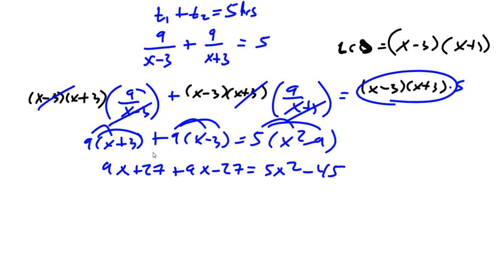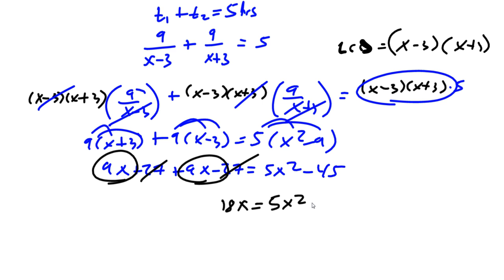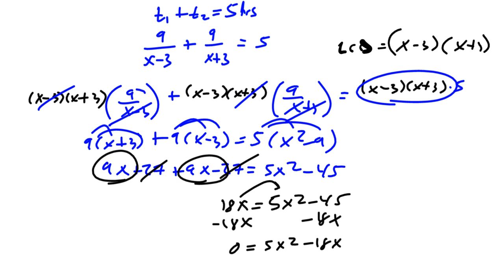Plus 27 minus 27 is gone, and I can combine my 9x's to get 18x. I'm left with 5x squared minus 45. Let me move this over by subtracting 18x from both sides. So I'm left with 0 equals 5x squared minus 18x minus 45.